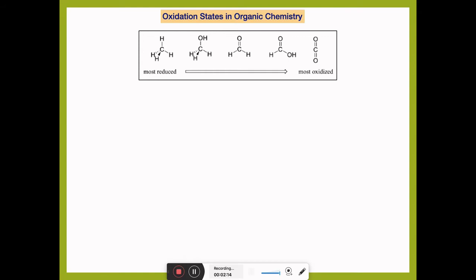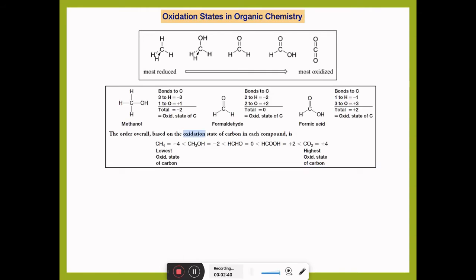Basically that atom is a central metal atom or central atom. If we look at this picture, on the left hand side there is the most reduced molecule and on the right hand side there is the most oxidized molecule. The most reduced molecule has 4 hydrogens attached to a carbon, and the most oxidized one has oxygens attached to the carbon.